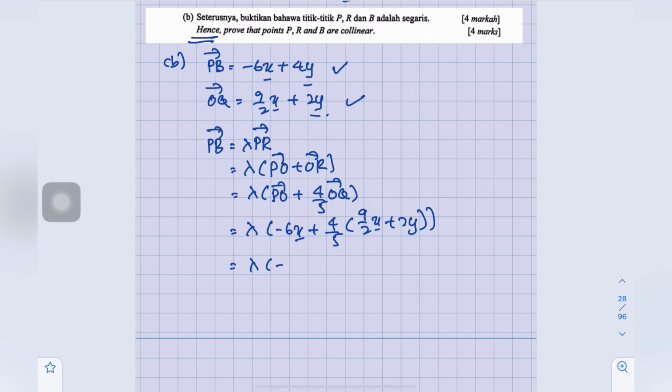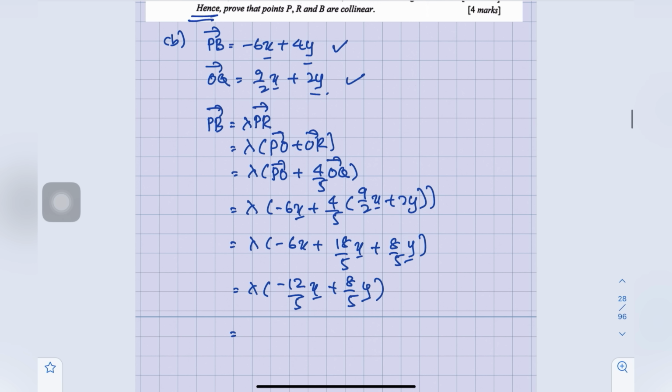Lambda times negative 6x plus 18 over 5 x plus 8 over 5 y. So we got negative 12 over 5 x plus 8 over 5 y.